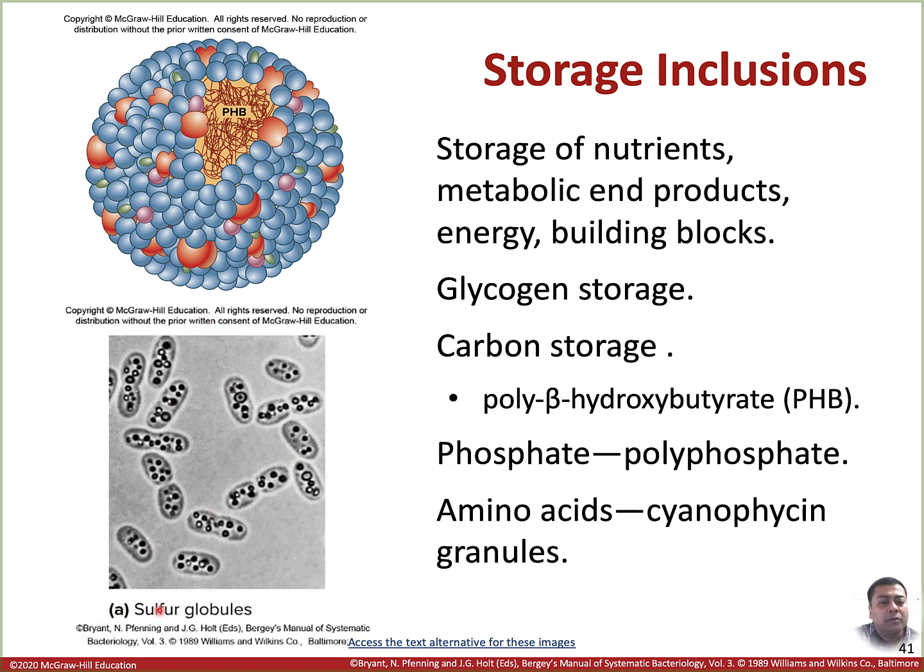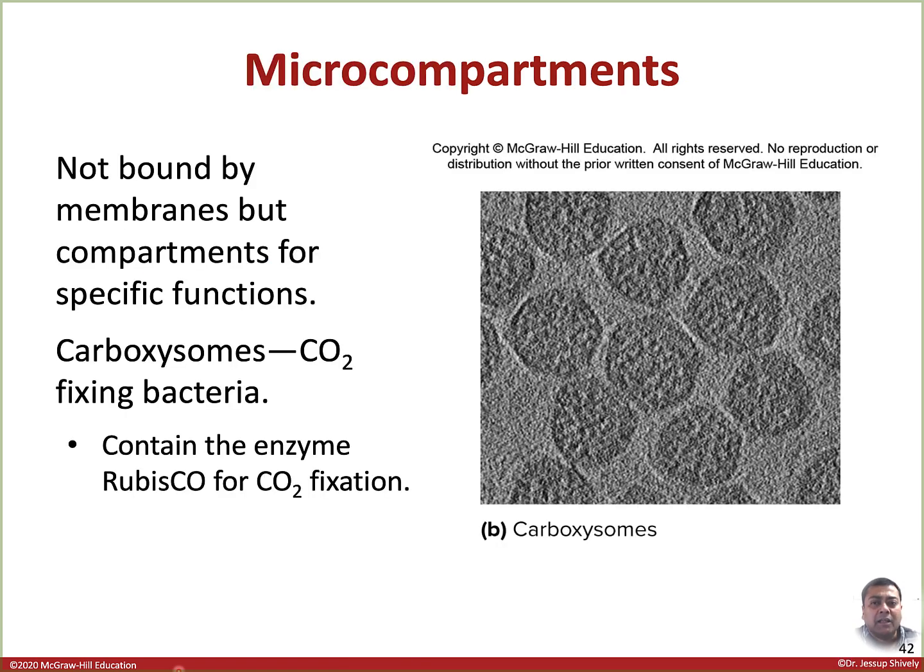And the sulfur globules are essential for the electron transport chain and many of the reactions involving the energetics of the cell. And amino acids can be stored as cyanophycin granules. These are pigment granules, and amino acids can be stored in this way as well. So these are some examples of the different inclusions that can be present in the cell.